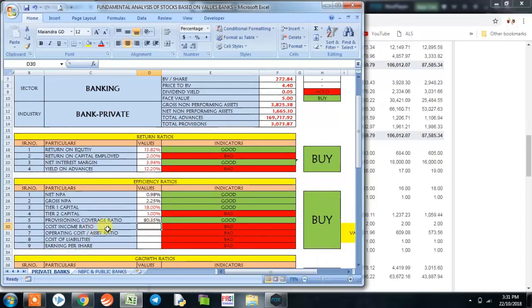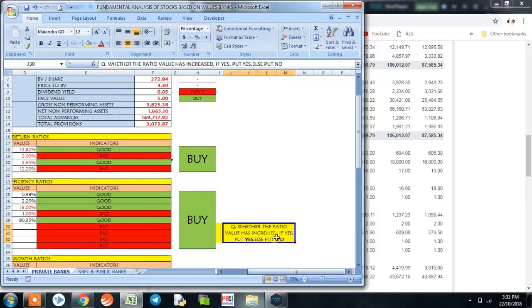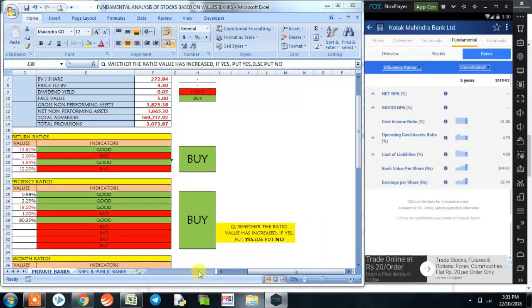Now here for the cost income ratio, operating cost to asset ratio and cost of liabilities, there is a condition to satisfy. We have to check whether the ratio values have increased. If it has increased, then put yes. If it has decreased, then put no. For that we'll be using the Stock Edge app.